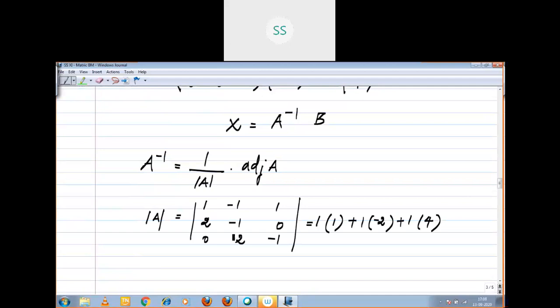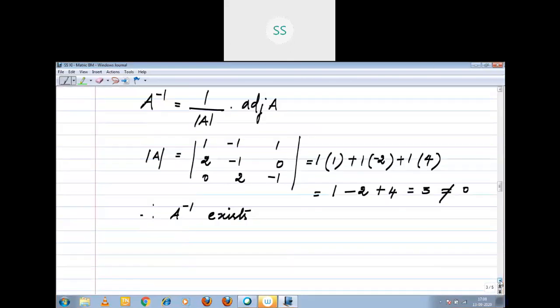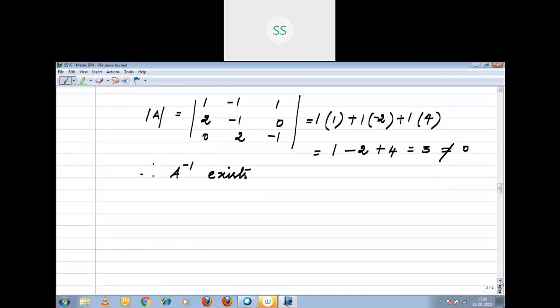Directly I did it. 1 minus 2 plus 4, which is equal to 3, not equal to 0. Therefore A inverse exists. Right, children? If A inverse exists, you can get the solution of the equation.